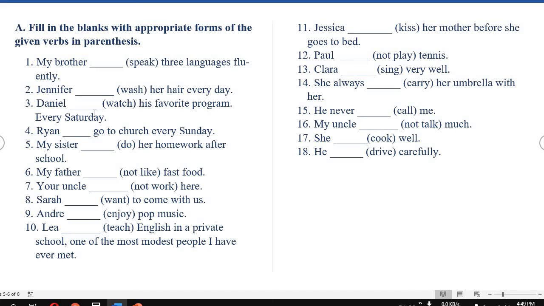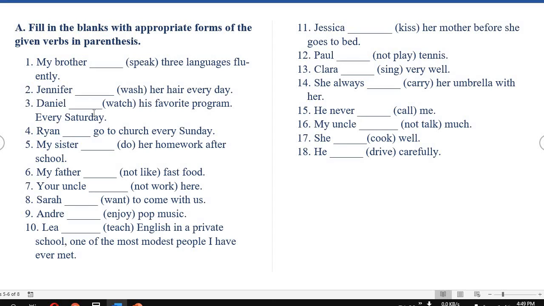We know that it is a male, so we can use he in place of my brother. And if we use he in place of my brother, we should also know that he is third person singular number, right?